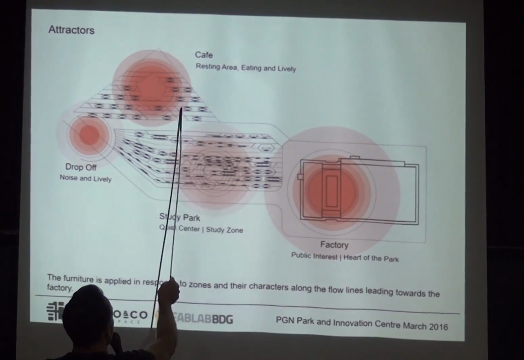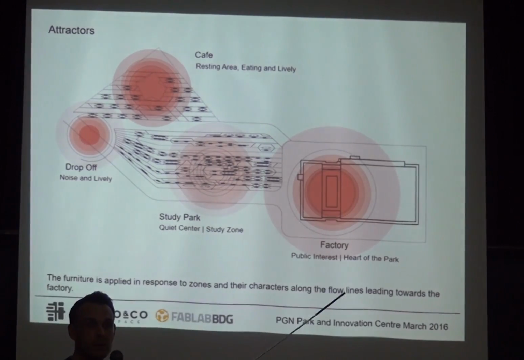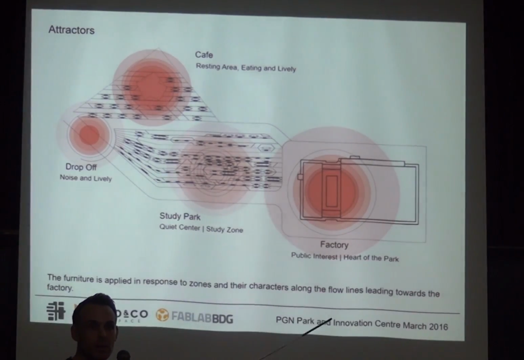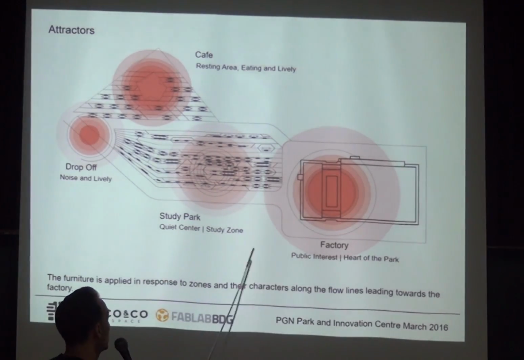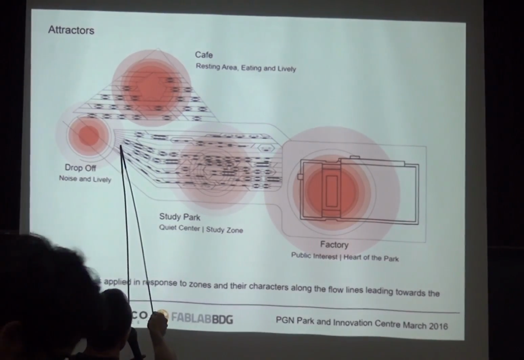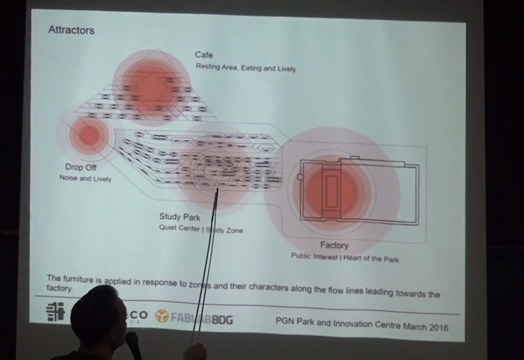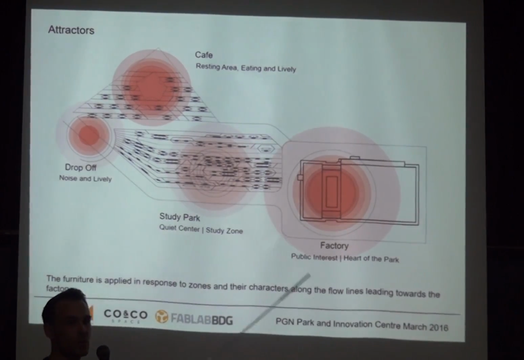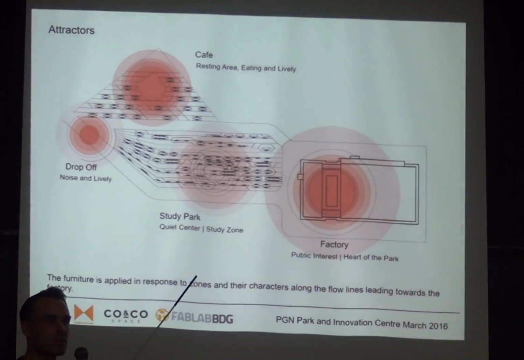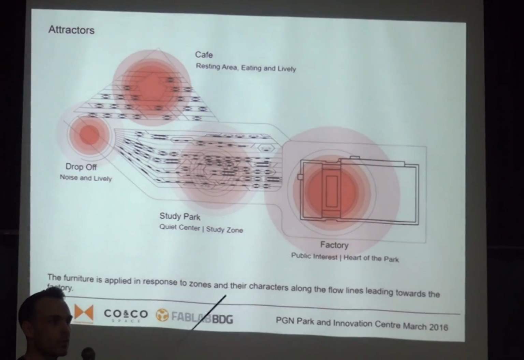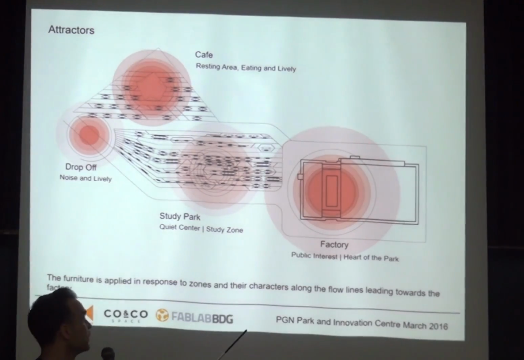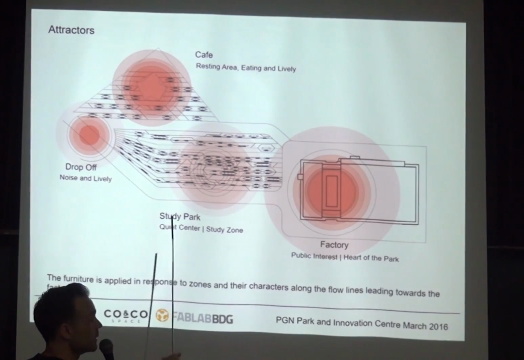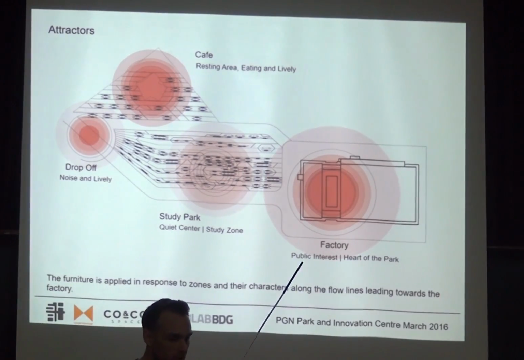So that means here people will more eat, they will more mingle. So we give them this table configuration. But the more we go in this direction, the quieter it becomes. And then in the center of this whole thing, we want to do something which is more for studying, for focus work, and so we arrange the furniture according to that.